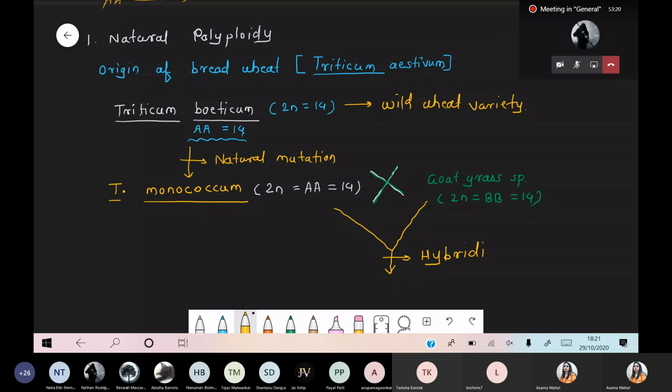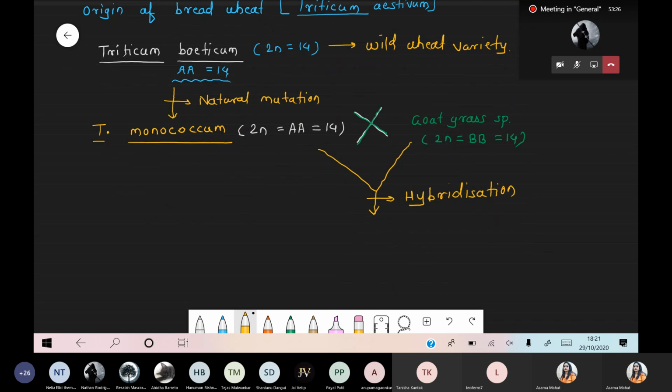Because two different species show hybridization, they fertilize with each other. And now after the hybridization, we obtain a hybrid variety. Please remember, this hybrid variety is a sterile hybrid variety.